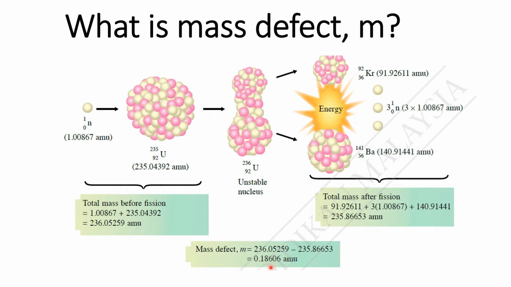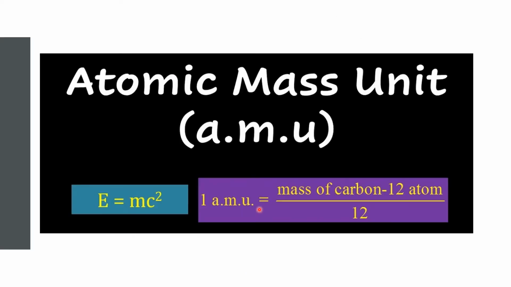But first and foremost, you might be wondering what is AMU. So I need to introduce the term AMU to you first. AMU is also known as atomic mass unit. One atomic mass unit is equal to the mass of one carbon-12 atom divided by 12.